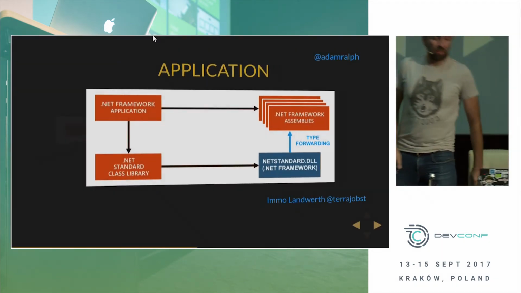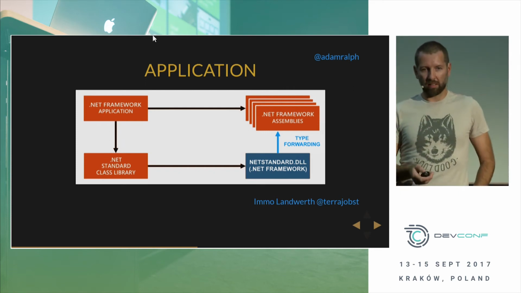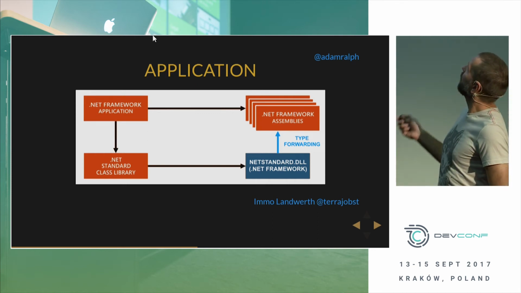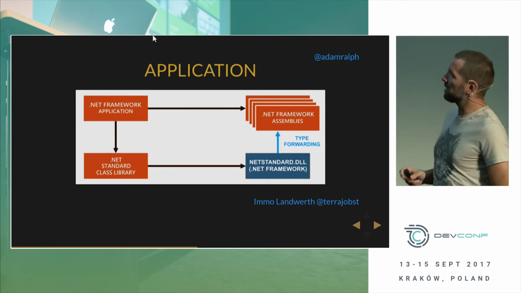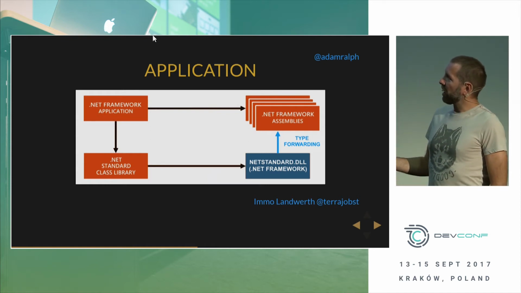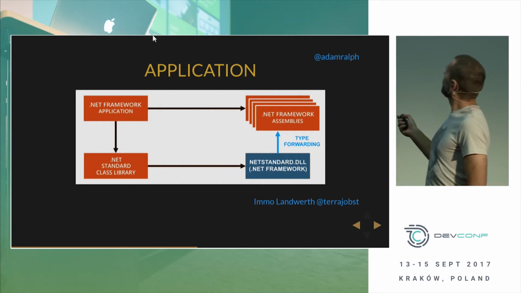Then if we look at actually consuming this in an application, things are a little bit more complicated. You've got, say, your .NET Framework application here. That references the .NET Framework assemblies, e.g. MS Core lib. And then the Net Standard class library, as I showed you before, is referencing Net Standard DLL.